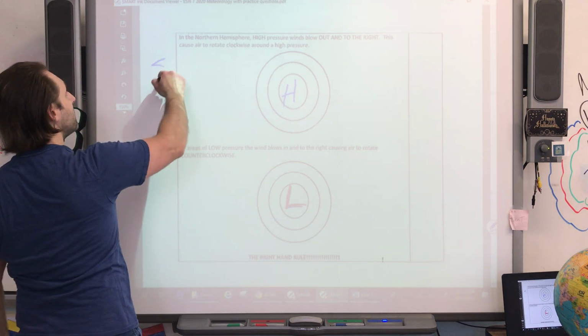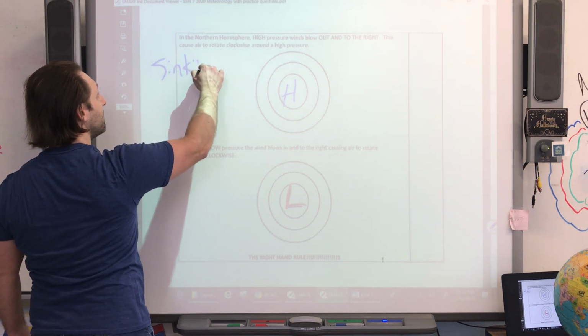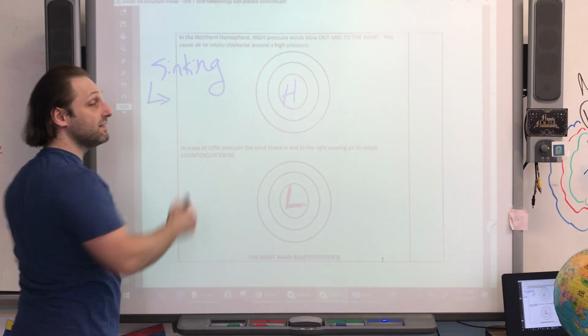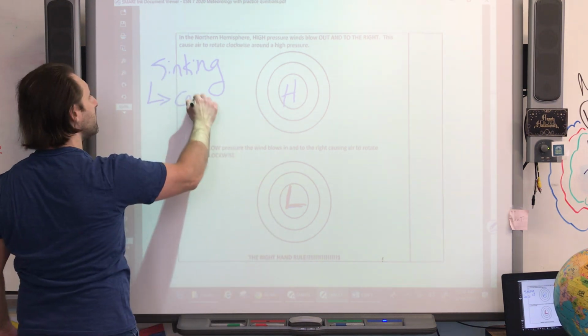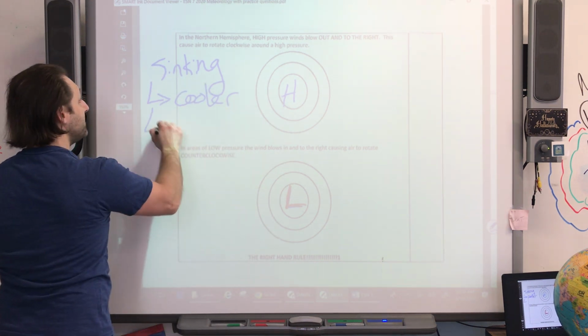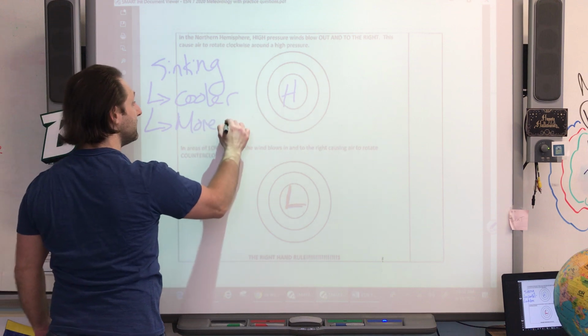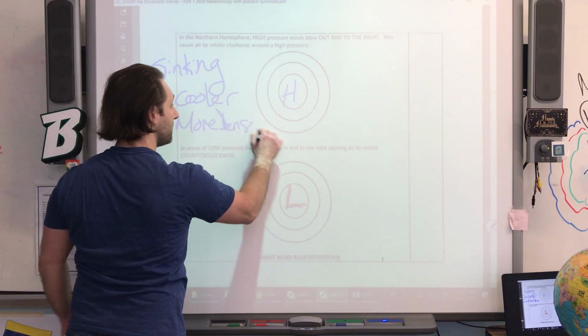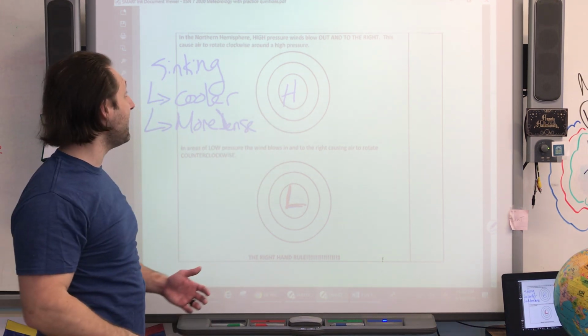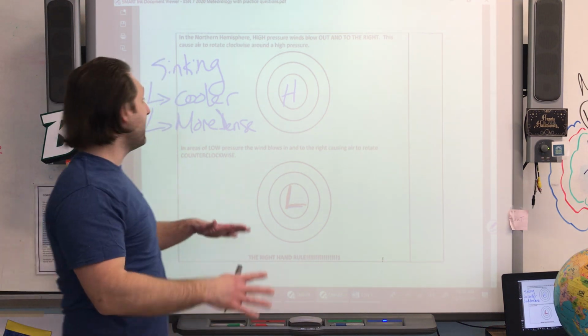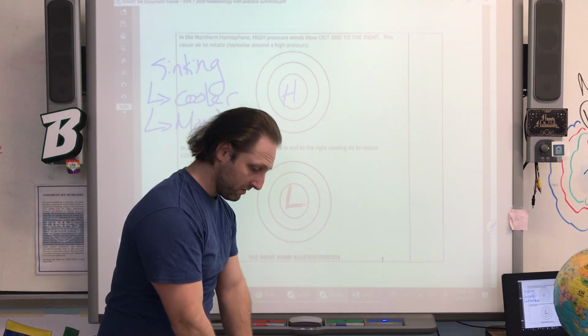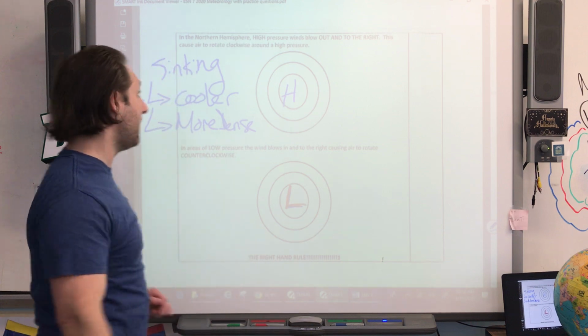Sinking air means that it's cooler and more dense. So in high pressure, we tend to have slightly cooler air and it's pushing down, okay? It's pushing down on that air.